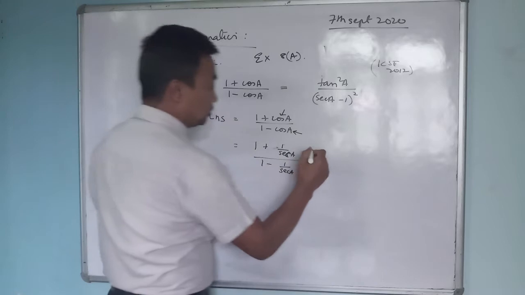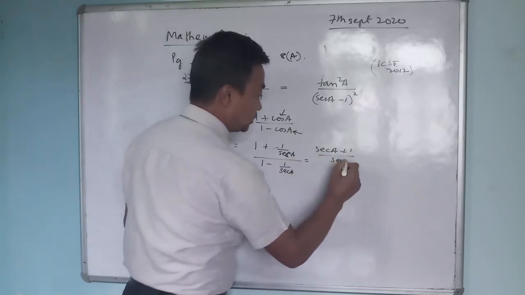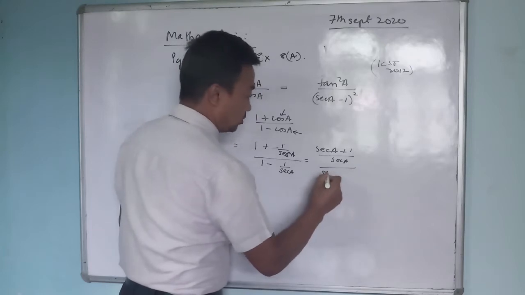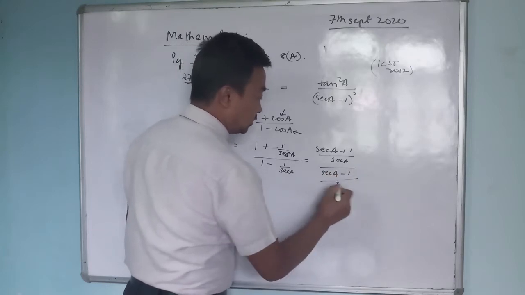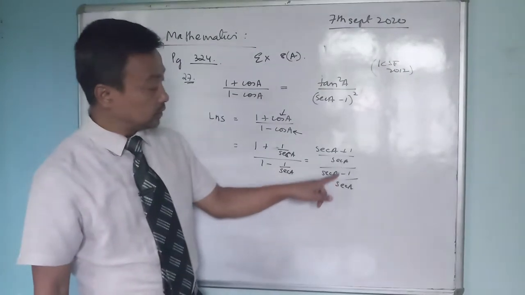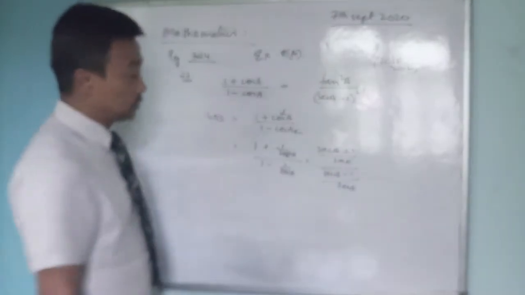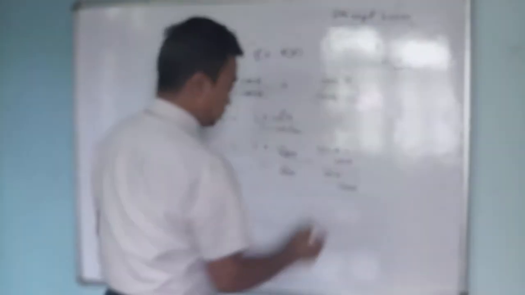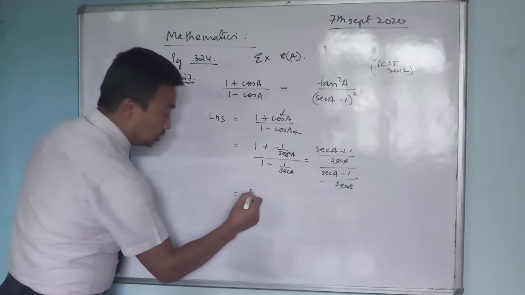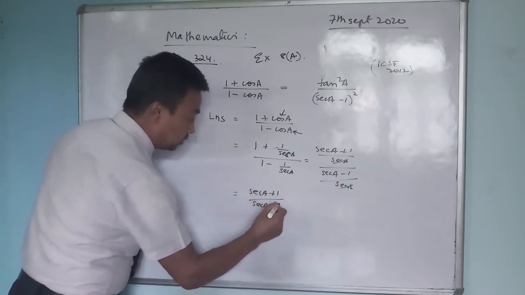After solving this, you will get: sec A plus 1 divided by sec A, minus 1 divided by sec A. And this sec A and this sec A, when reciprocated, will cancel. So we come to this form: sec A plus 1 upon sec A minus 1.